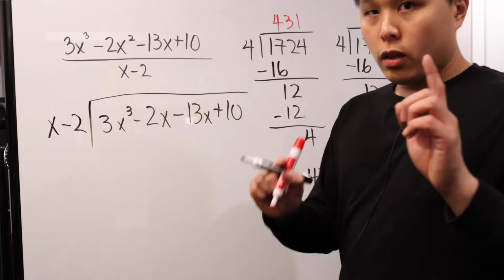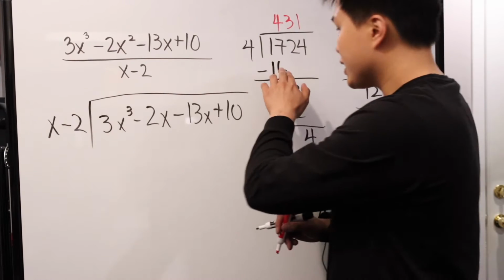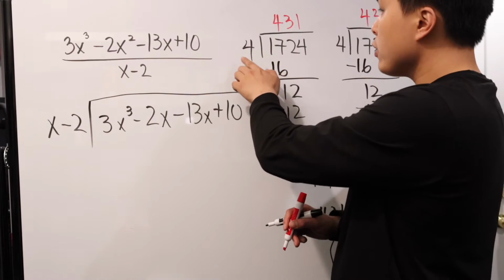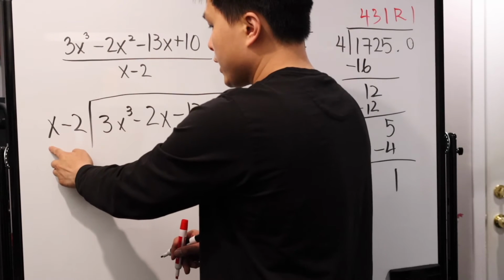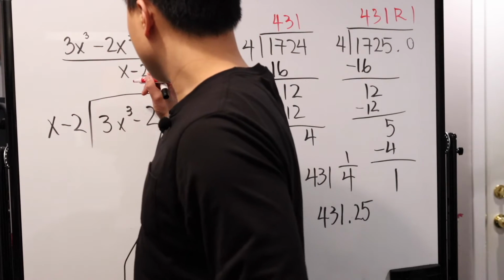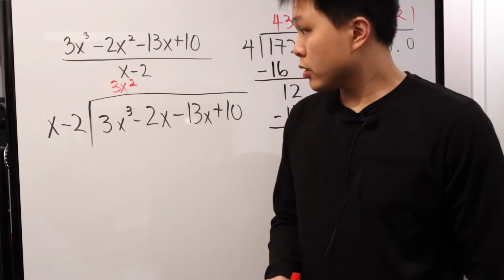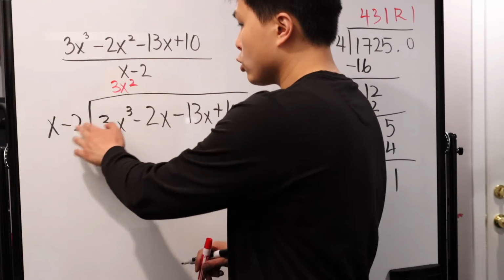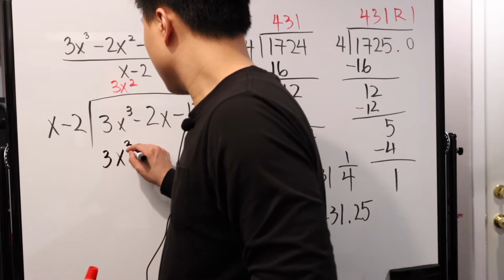Now, we're going to pay attention usually to the front part, and we're going to do exactly what we're doing here. So we're going to figure out how many times this goes into here. How many times does x go into 3x cubed? Well, this is pretty simple. That's just 3x squared.